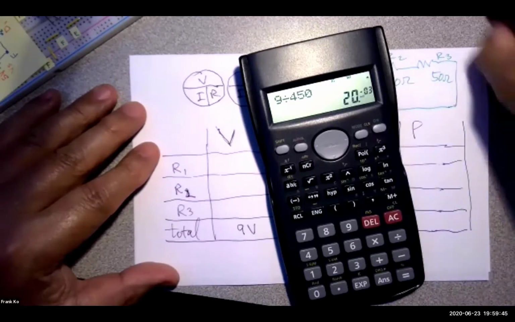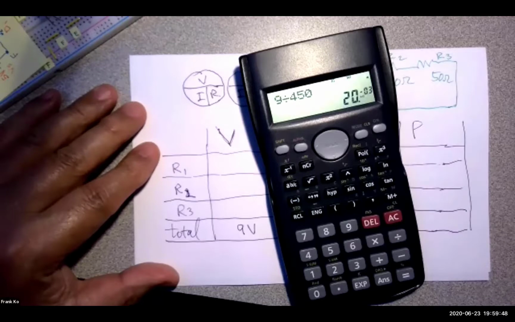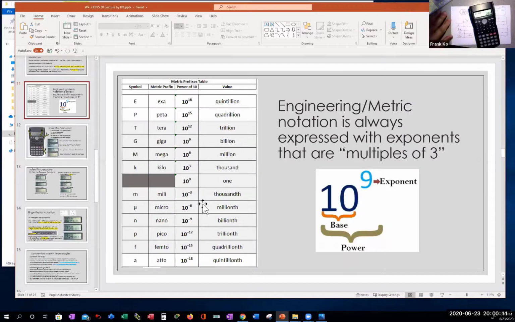According to our chart, going back to here, go back to the chart for 10 power negative 3, right here, is thousandth. What is my engineering prefix? It's pronounced as milli. What is the symbol for milli? Lowercase m. So the 10 power negative 3, and this chart should be in your notebook after today, 10 power negative 3 is pronounced as milli, and the symbol is lowercase m.